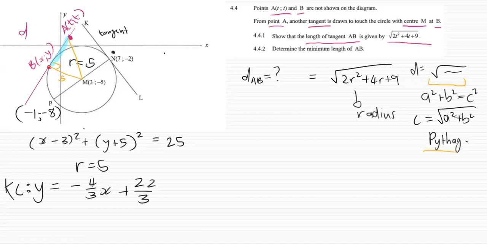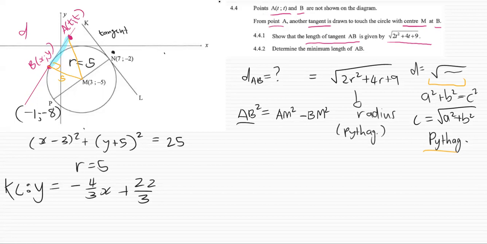Let's start writing down what we have. We know that AB squared must be equal to AM squared, which is the hypotenuse of the Pythagorean triangle, minus BM squared. The reason is Pythag. Okay, so we know this already, and we're looking for the distance of AB.